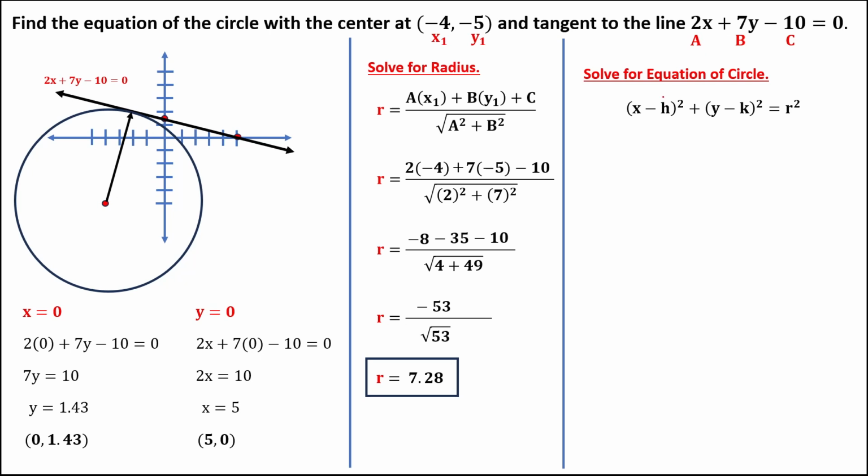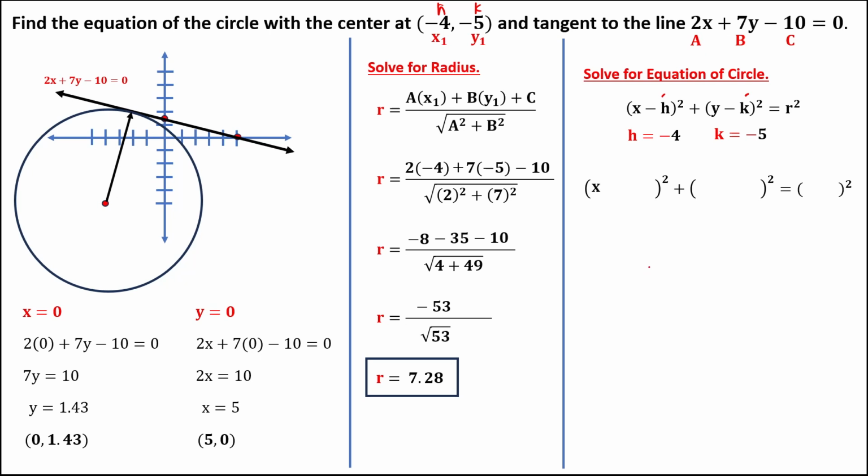Then h and k are from the center of the circle. So h is negative 4 and k is negative 5. Then substitute now the values for h, k, and r.